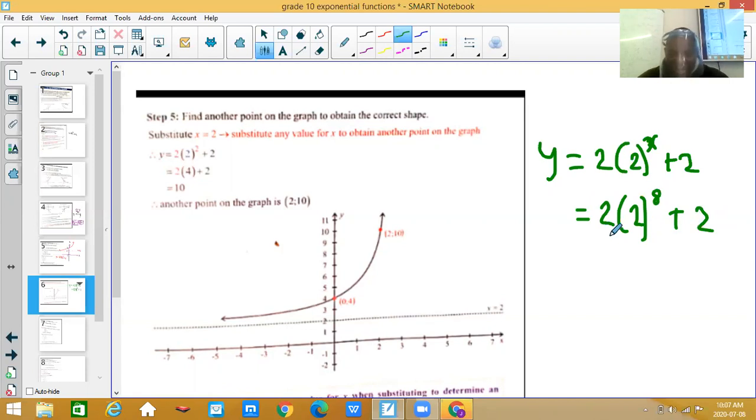Let us use our calculator. If x is equal to 8, 2 to the power 8, what does that give us? Use your calculator. 2 to the power 8 is 256, times 2 is 512, plus 2 is 514. Did you all get that?